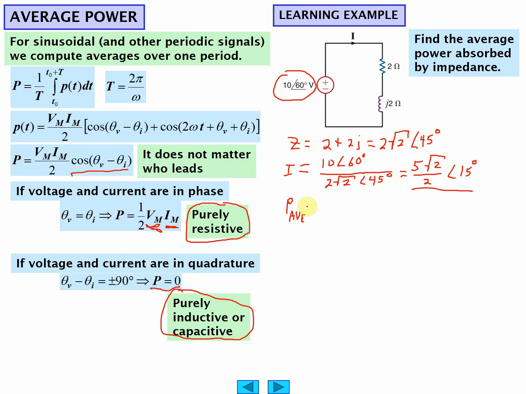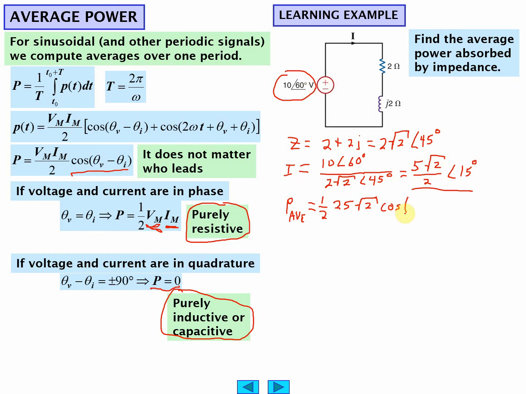The power is going to equal 1/2 Vm Im, which is 10 times this factor here, which is going to be 25 square root of 2, and then the cosine of the difference between the angles.